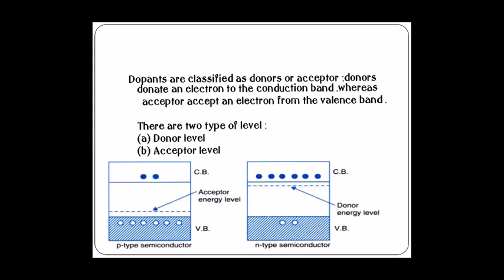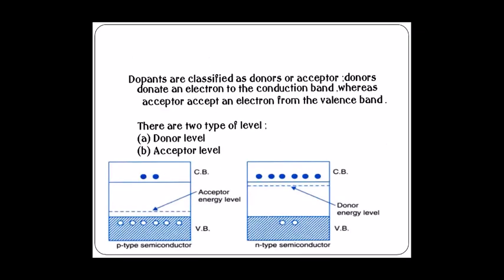Next topic is the donor acceptor level. Dopants are classified as donors or acceptors: donors give an electron to the conduction band, whereas acceptors take an electron from the valence band. There are two levels: first, the donor level, and second, the acceptor level.